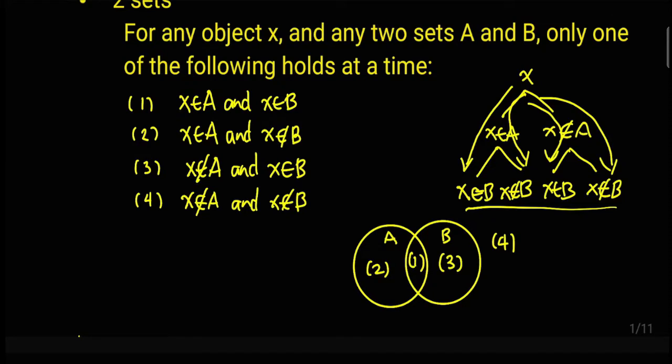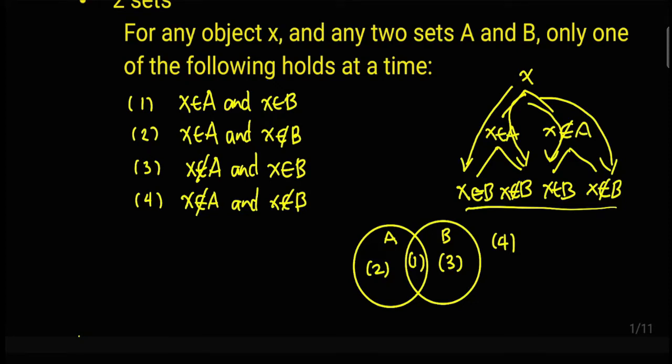So you just have to draw a Venn diagram with three sets. The regions created using these three sets will be determined by the cases which evolve from these sets.